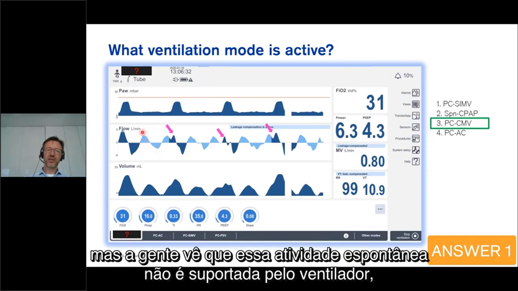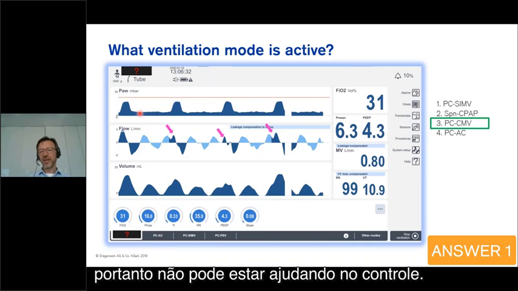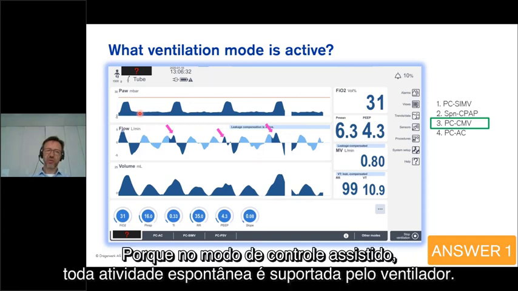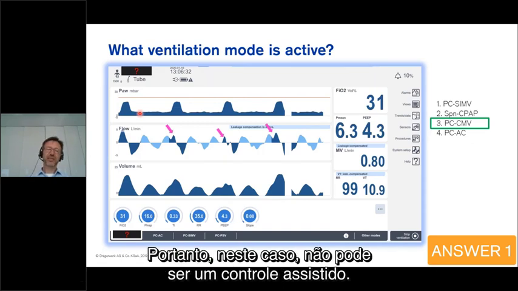But we see this spontaneous activity is not supported by the ventilator. Therefore, it can't be assist control, because in assist control mode, every spontaneous activity is supported by the ventilator.